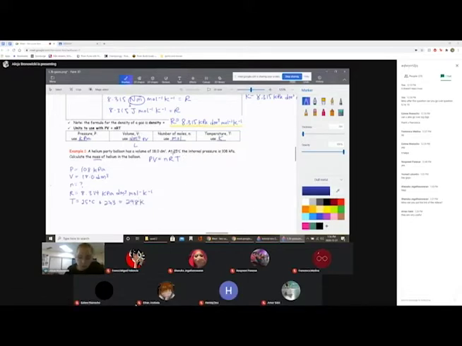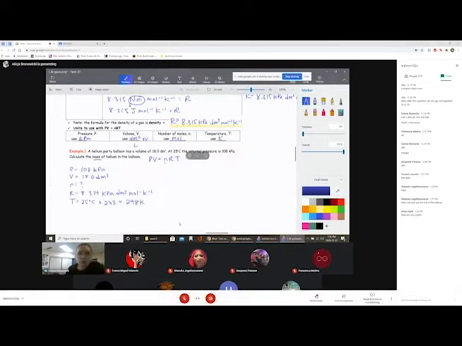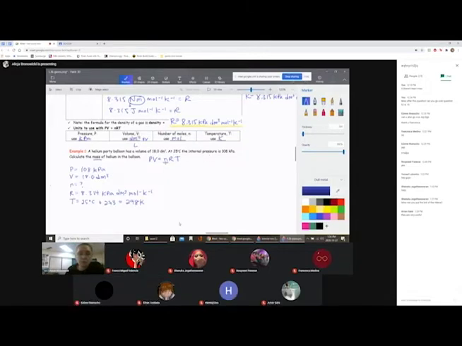Okay, so I want to solve for moles. So moles is equal to PV over RT. Okay, so that equals, pressure is 108 kilopascals. Volume is 18.0 dm3.